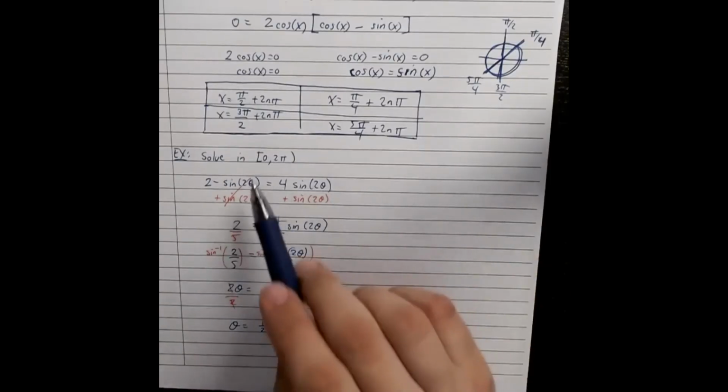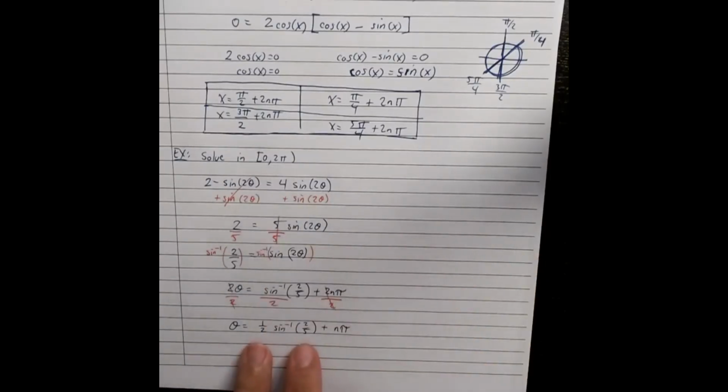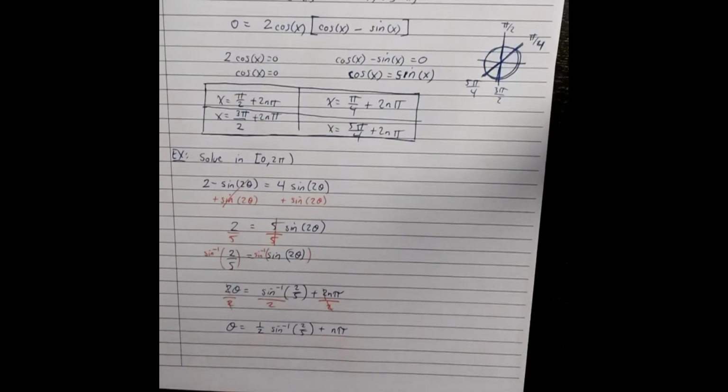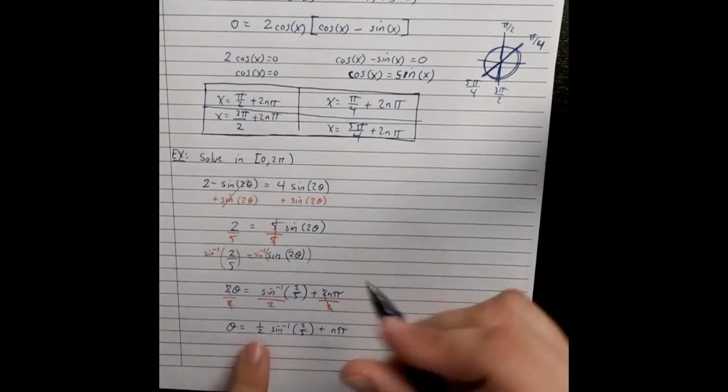Okay, well, I want something between 0 and 2 pi. Well, that's a positive number here. So a positive number plus pi, and then a positive number plus 2 pi. Oh, well, that's not going to be good, because if it's just 2 pi plus something, it's already bigger than 2 pi. So here, I can use the original number.